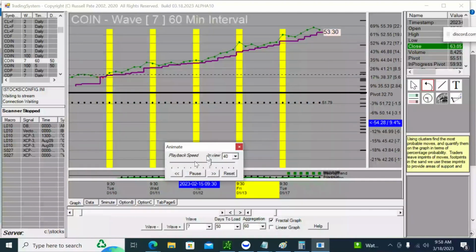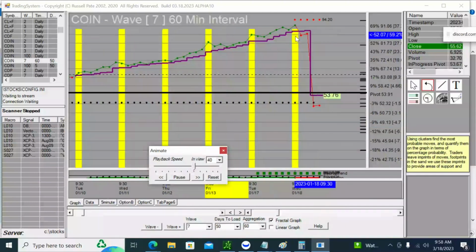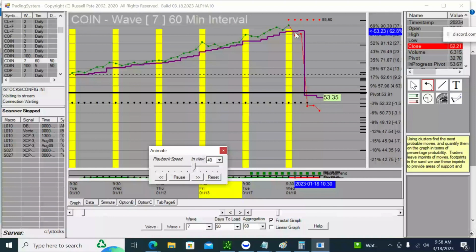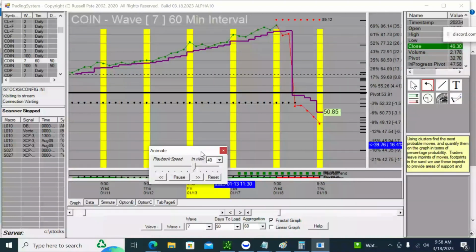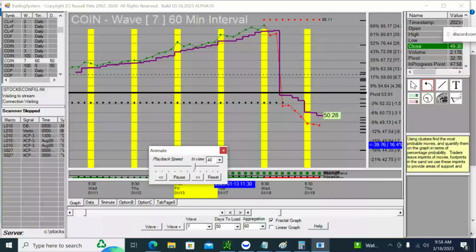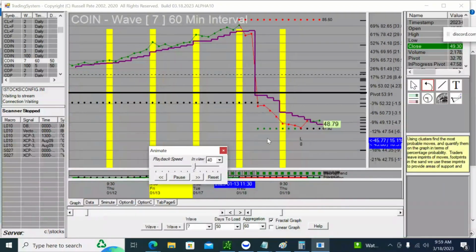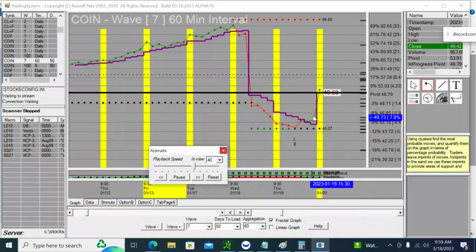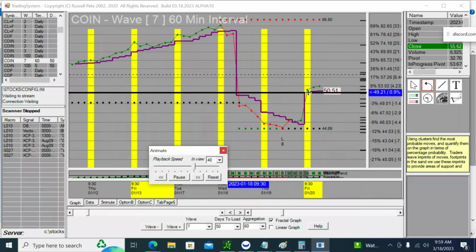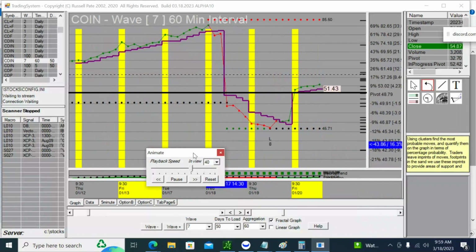So if I'm practice trading or just wondering if I can improve, I'll come in here and just do this quickly. So then I can see how things are moving.